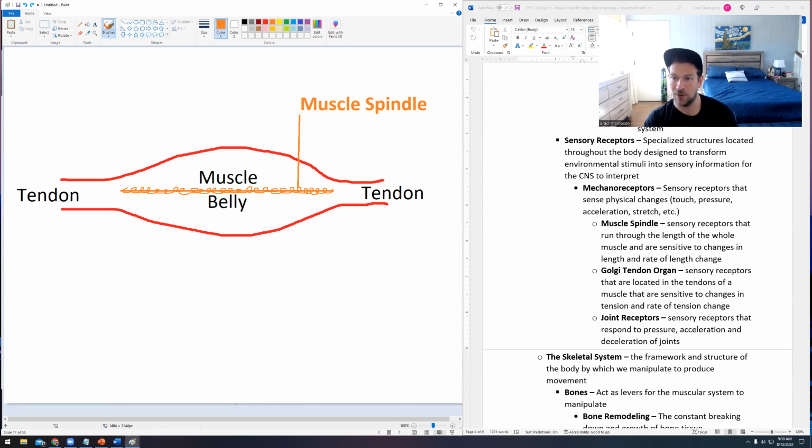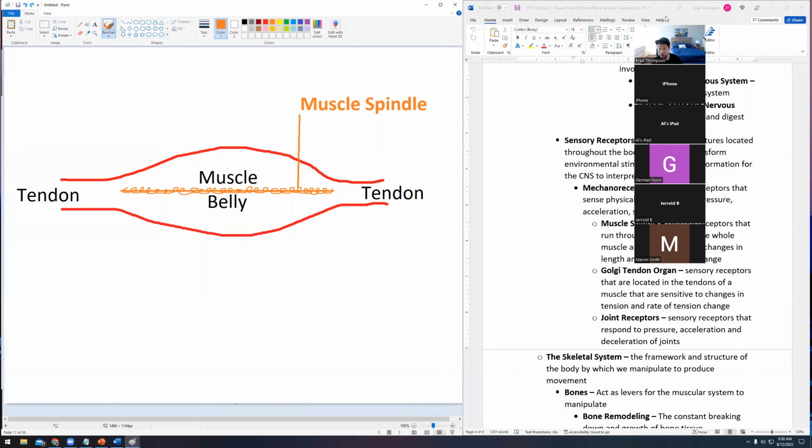Remember this, everybody, remember this. Muscle spindles are dirty, filthy liars. They are absolutely liars. They will tell your nervous system, no, I'm at full length right now, I couldn't possibly stretch any further.